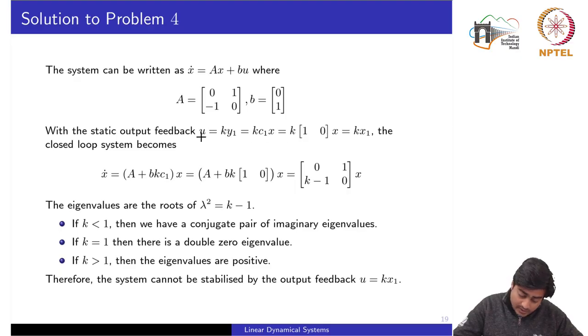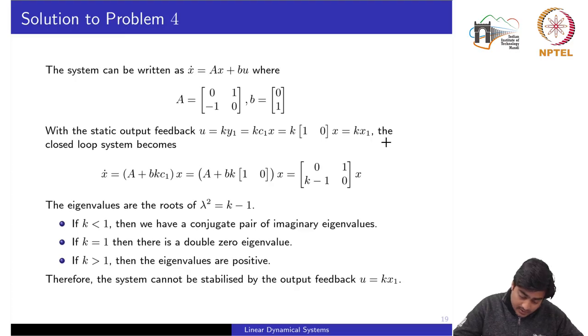So if I see the actual control law, it is u = k x1. Meaning to say I am feeding only the first state and want to see whether the system can be stabilized by feeding only one state, only the first state.